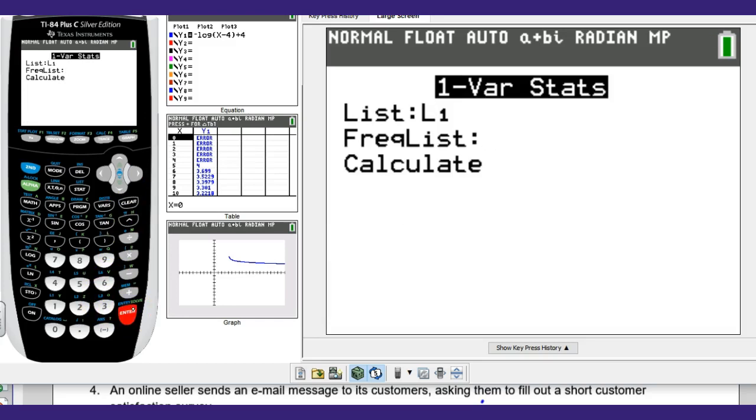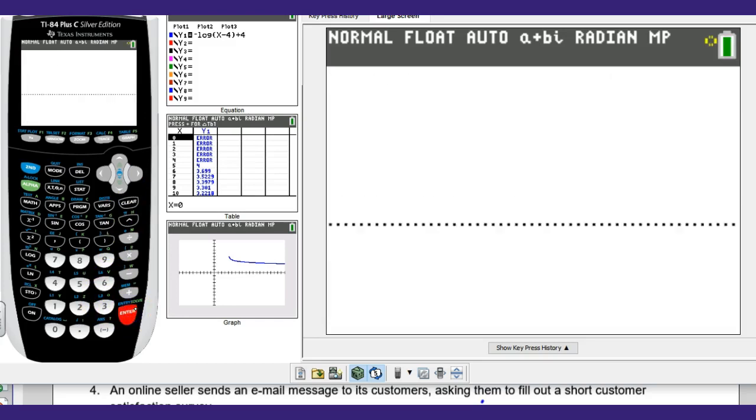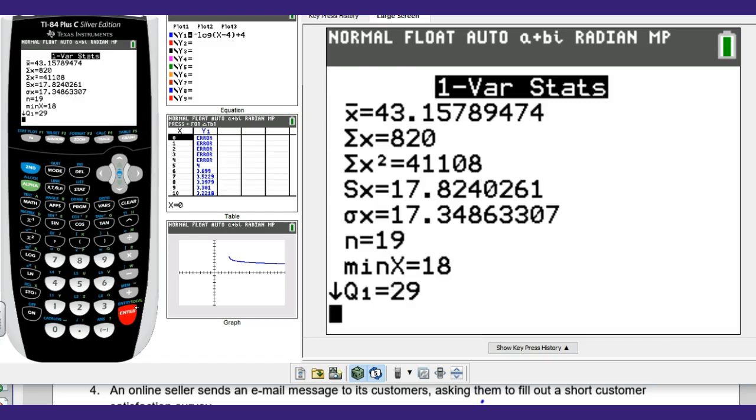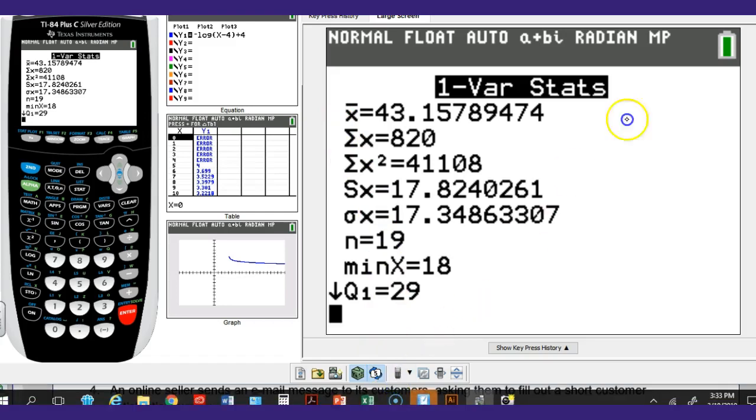Now, what is the mean? The mean now is 43.15 or 16, 43.16. Let's write that down.